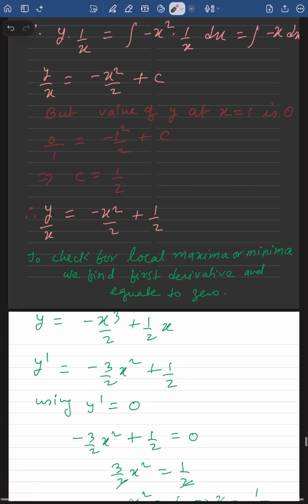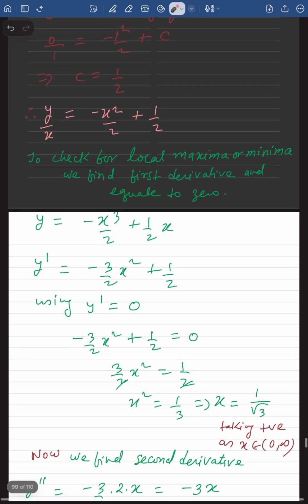If the second derivative is negative, it will be the point of local maximum, and if it is positive, it will be the point of local minimum. So that we know, and we will use it over here.